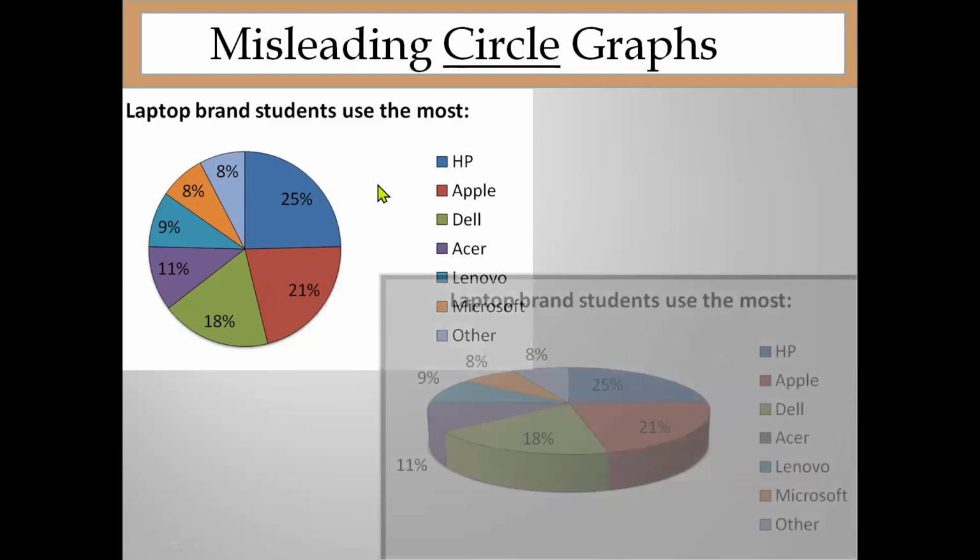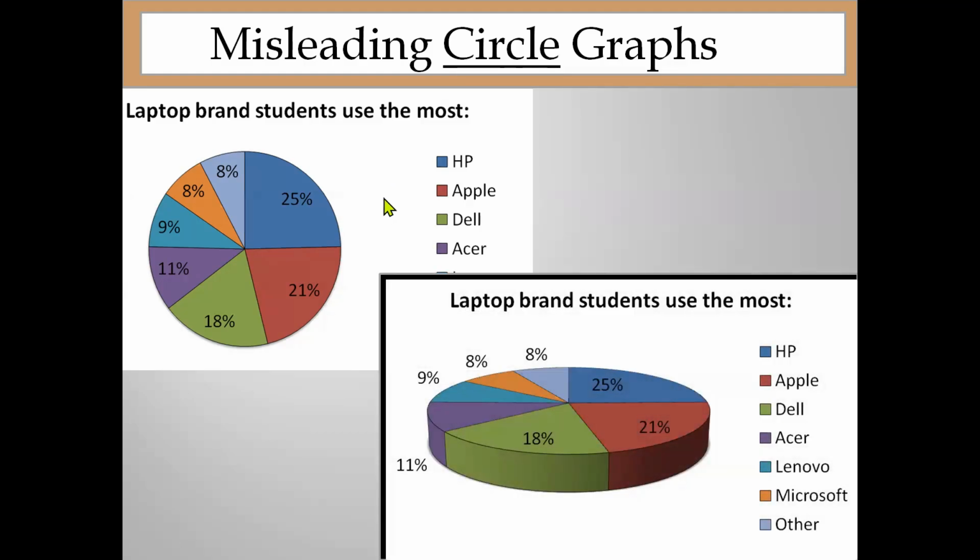Now let's look at a misleading circle graph, in particular, a 3D circle graph. Let's focus on the last two categories, Microsoft and other. They are both supposed to be 8%. However, the area for the other category seems to be larger than the Microsoft category. Let's look at another example using the exact same 3D graph.